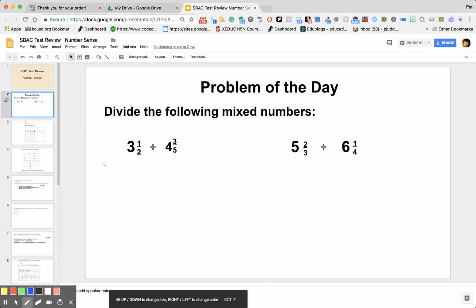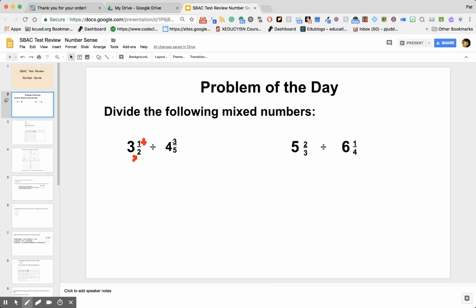You're going to multiply 3 times 2, and you're going to add in the 1. You're going to multiply 4 times 5, and you're going to add in the 3. Your denominator stays the same denominator that you have here with this fraction.